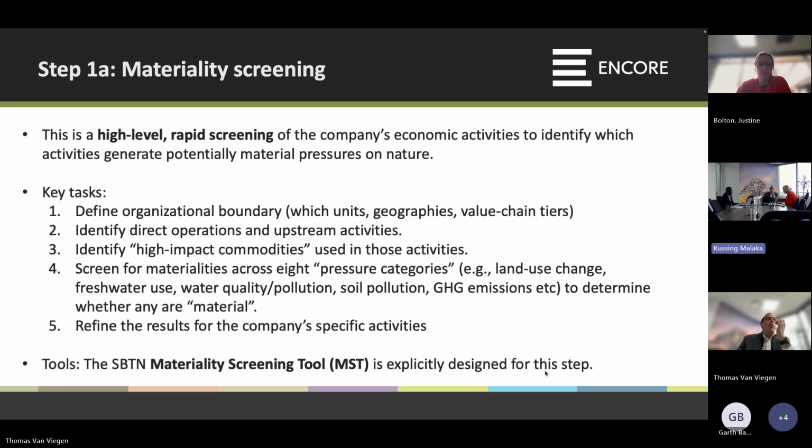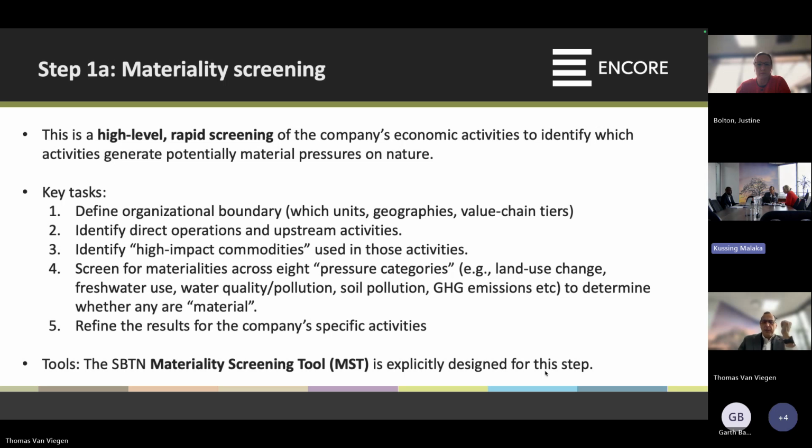This is really a high-level rapid screening of what your economic activities are, to identify in general the potential material pressures on nature and dependencies. The key tasks are five tasks, touching on organizational boundaries, identifying direct operations, upstream activities, and high impact commodities, and task number 4, screening for materialities across 8 pressure categories, which we'll also have a look at.